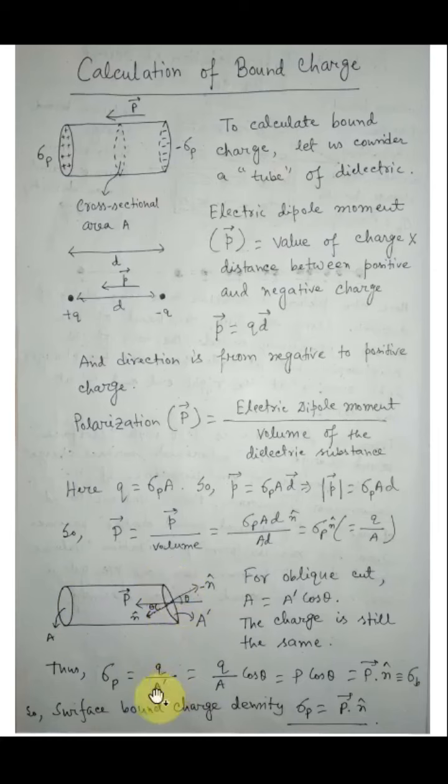So instead of a prime, if we put a by cos theta, it becomes q by a cos theta, so it becomes p cos theta. So p cos theta is basically p vector dot n cap, and this is actually the general form of the surface bound charge density, that is sigma p or sigma b, equal to p vector dot n cap.